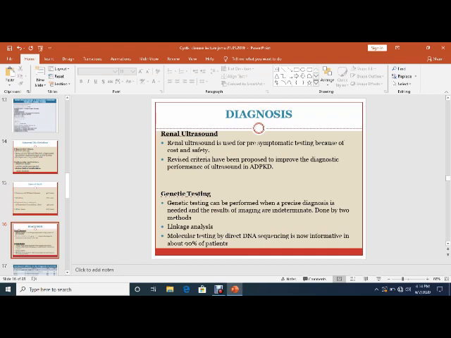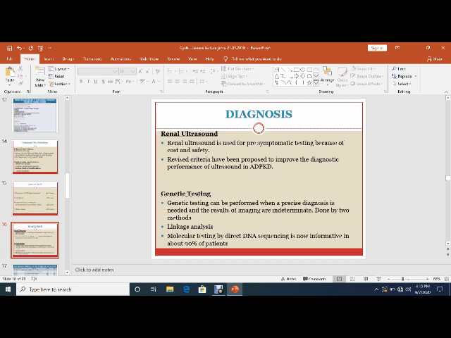Now coming to the diagnosis. Diagnosis is very simple by doing the renal ultrasound. The renal ultrasound is used for pre-symptomatic testing because of the cost and safety. It is very convenient and safe. Revised criteria have been proposed to improve the diagnostic performance of ultrasound in autosomal dominant polycystic kidney disease.